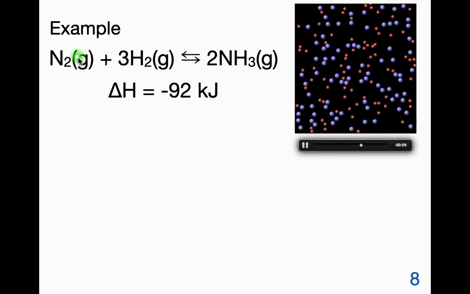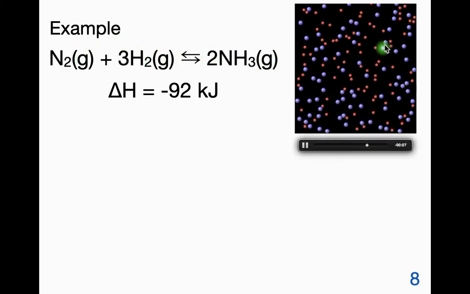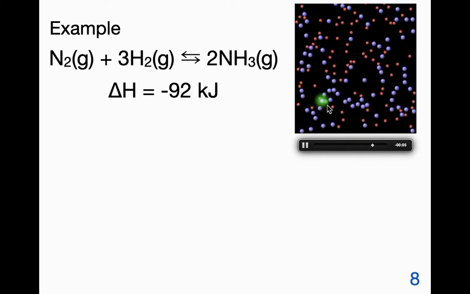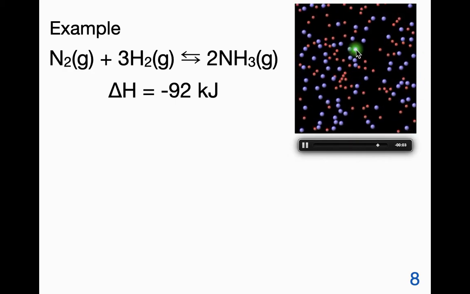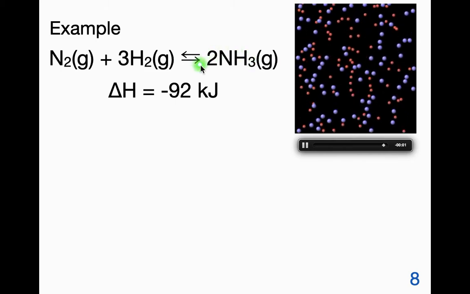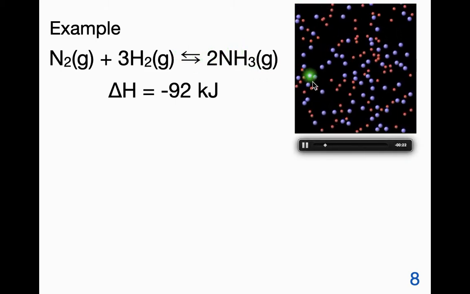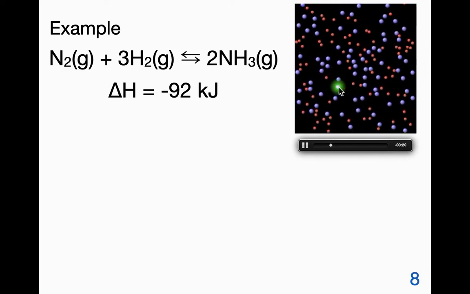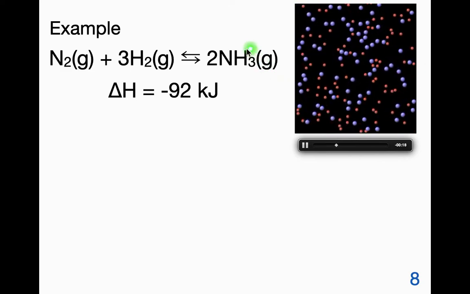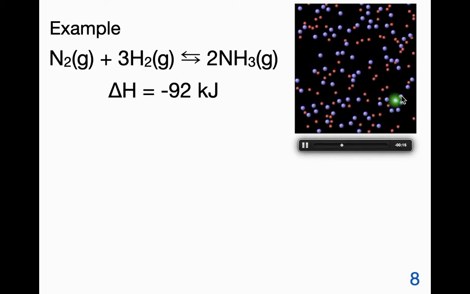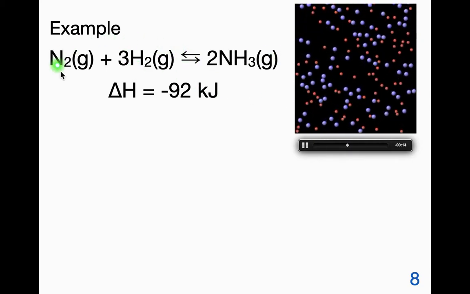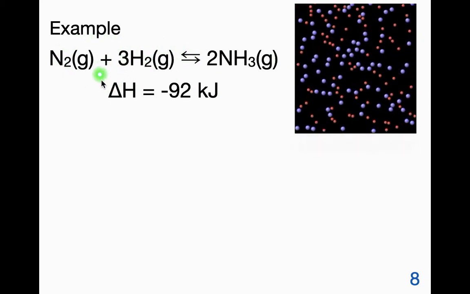The reactants and the products are all in the same container. So when we say that a reaction shifts to the right or to the left, it doesn't mean that they leave the room. It's just that in the container, you have more. If it shifts to the right, you would have more ammonia. If it shifts to the left, you would have more nitrogen and hydrogen.